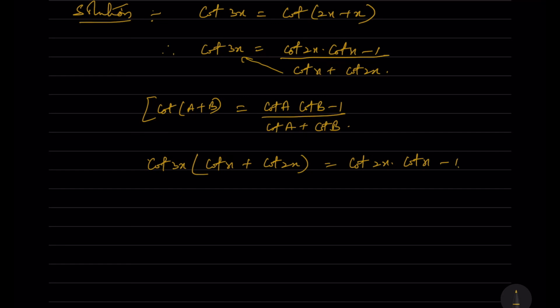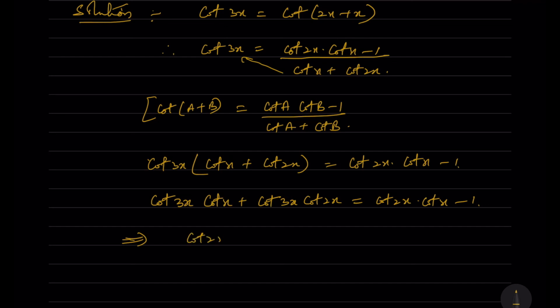So now you can multiply it inside: cot 3x cot x plus cot 3x cot 2x is equal to cot 2x cot x minus 1. Now we take the 1 to this side, or we can take it to that side.